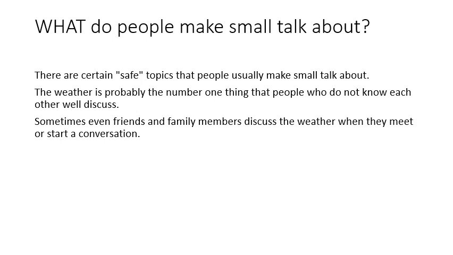Okay, so the weather is the number one thing that people who don't know each other will discuss. Also, the weather is discussed by people who know each other. So sometimes family and friends discuss weather topics when they meet or start a conversation.